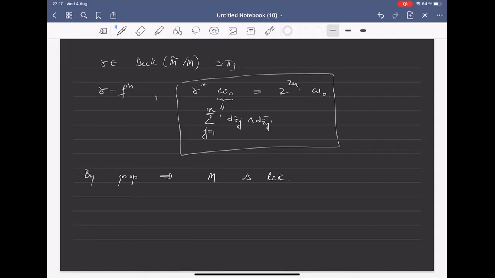The LCK metric on the Hopf manifold can be seen easily in the coordinates above.